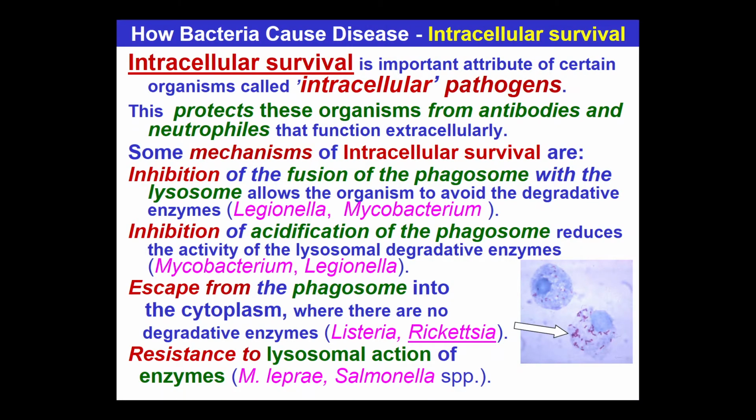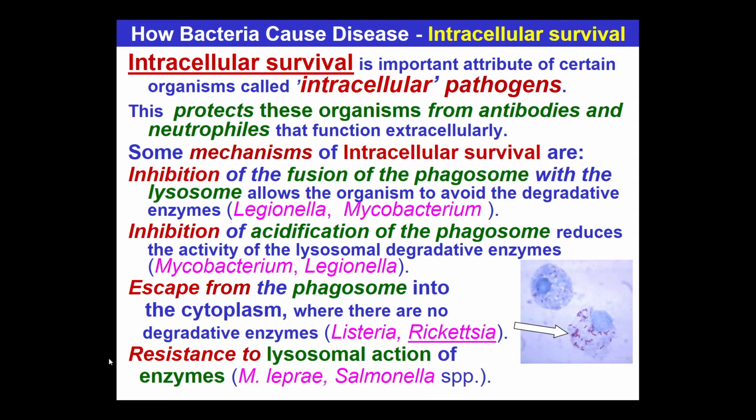They are initially engulfed by the phagocytic mechanism, but after that they destroy the wall of the phagosome and enter the cytoplasm directly. And they leave these phagosomes, and in this way avoid contact of bacteria with lysosomal enzymes.